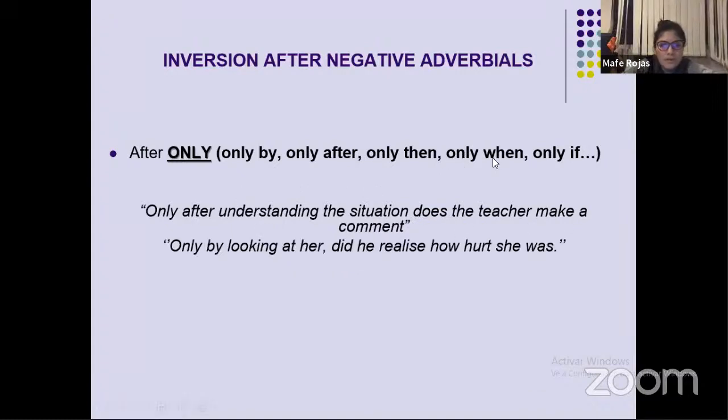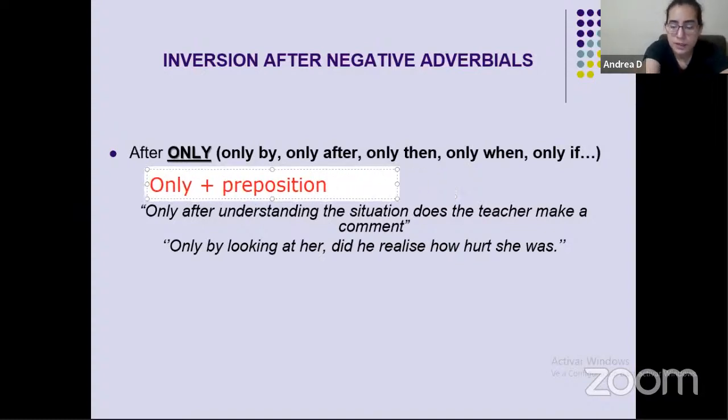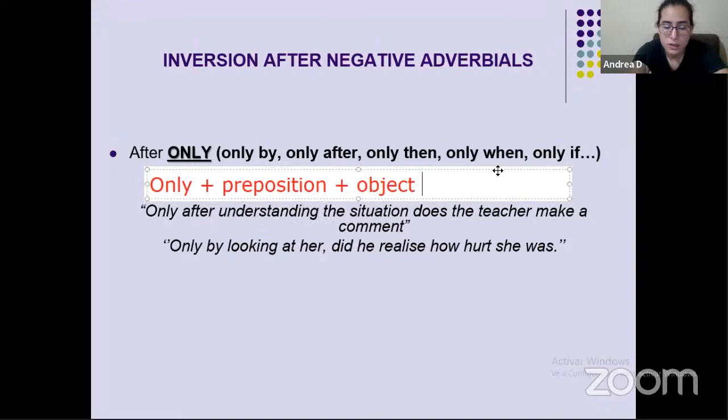Only by. Only by looking at her did he realize how hurt she was. So in this case, the structure would be only, plus preposition, plus object, and then the inversion.